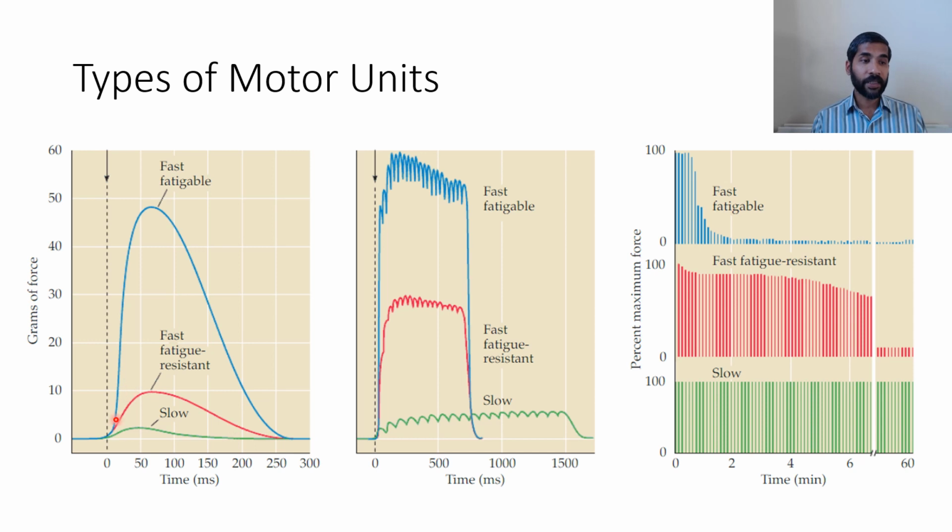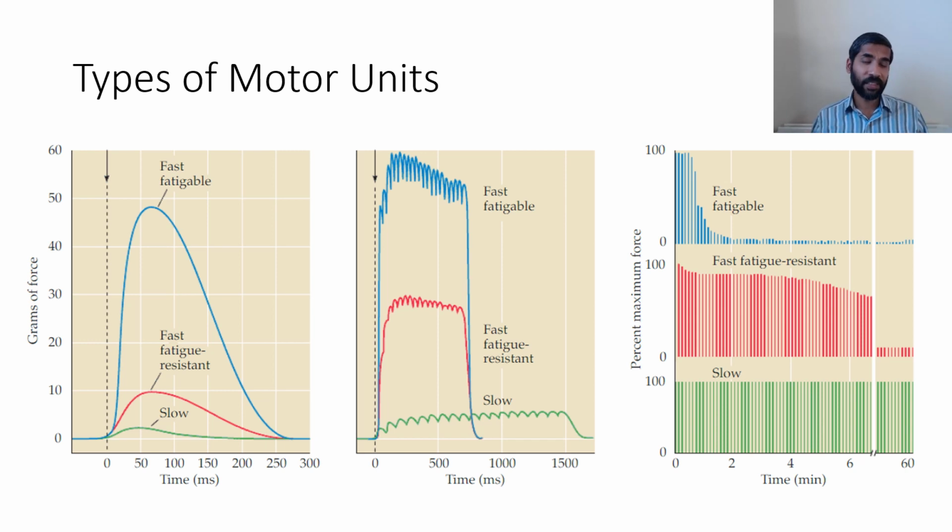Not only can the fast motor units produce more force, they also switch on very quickly. And also notice here that these are getting fatigued very quickly, while the slow motor units can go on and on and on. And both are required, right?